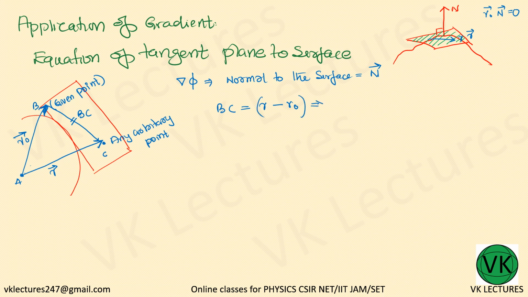R minus r0 is a vector in the tangent plane. Now this r minus r0, when you take its dot product with n, should give us 0.